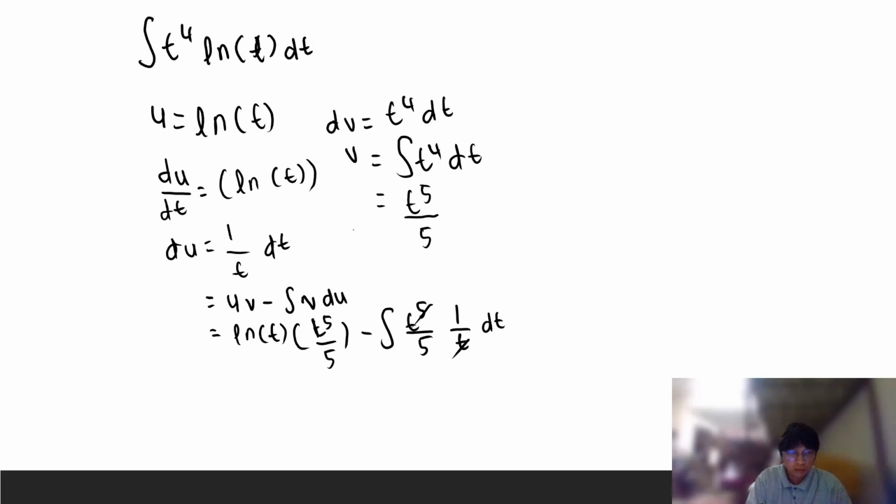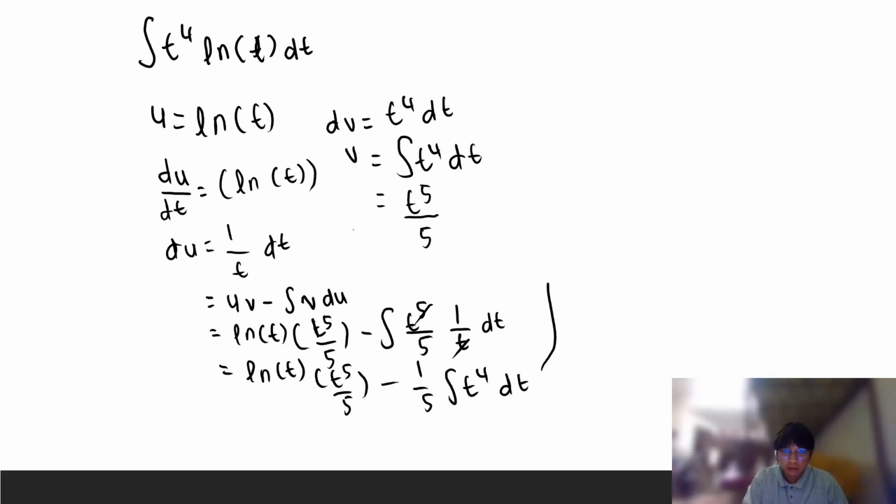So it will become ln t to the power of 5 over 5, minus this 5 we can bring right in front of the integration. It will be 1 over 5 integrate t power of 4 dt.